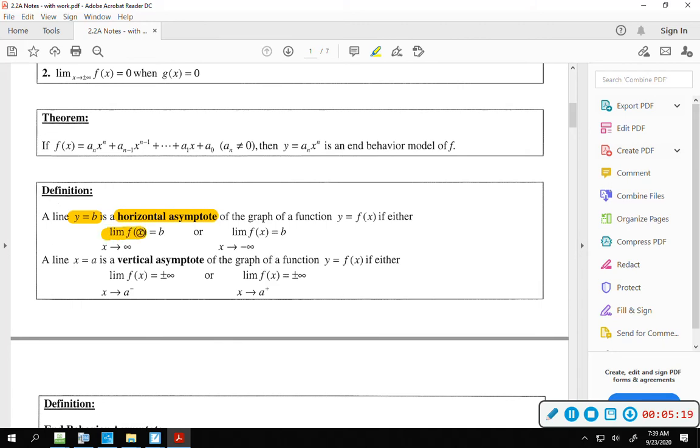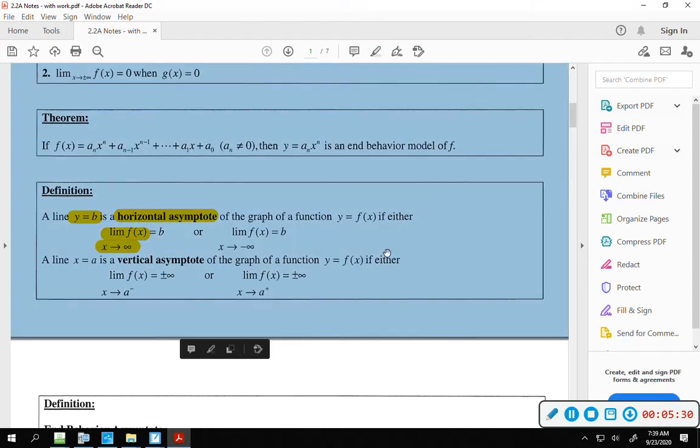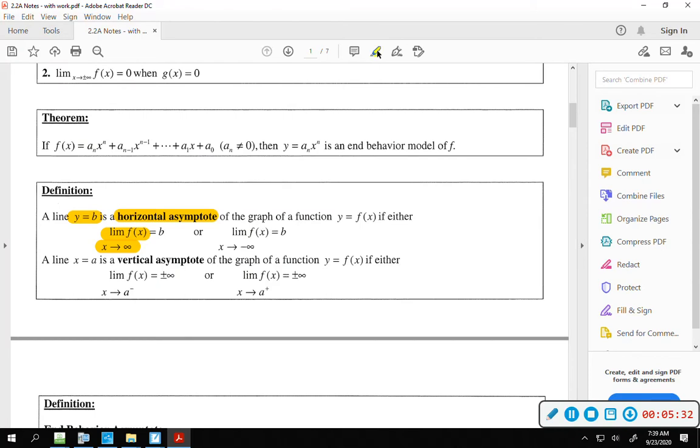The limit as x approaches infinity of f of x equals b, or the limit as x approaches negative infinity of f of x equals b. It doesn't matter if we're going to infinity or negative infinity.